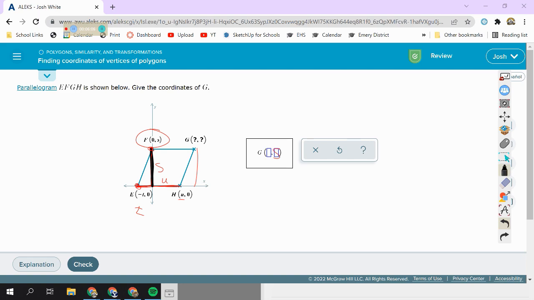And then how far to the right is G? U plus T. So it's all of U plus all of T. So point G is (U plus T, S). Okay, let's do another one.